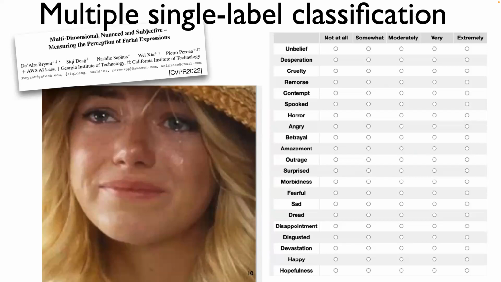The quality was only minimally affected by how much you pay. Which is a little bit surprising.